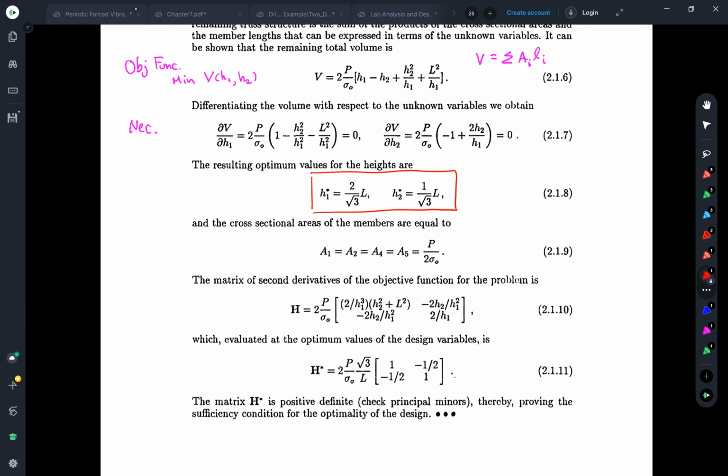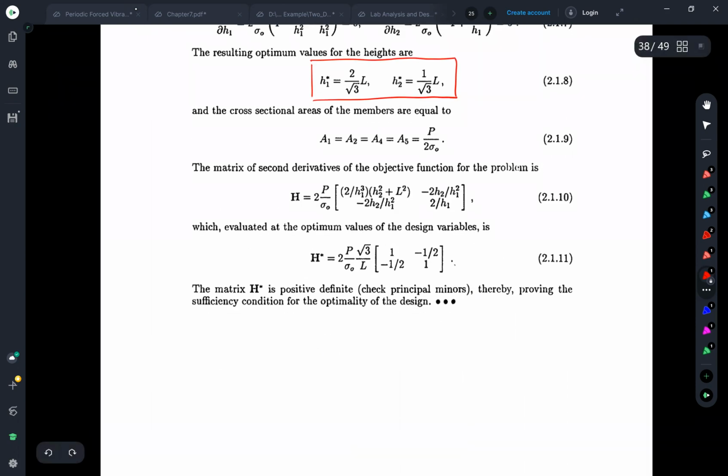So in this case, it implies that I can have the same section for all members, and that is very, very practical. The solution is 2.1.9.